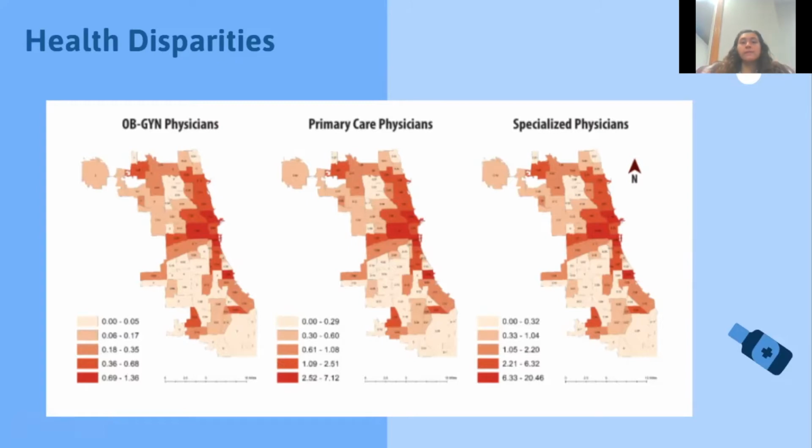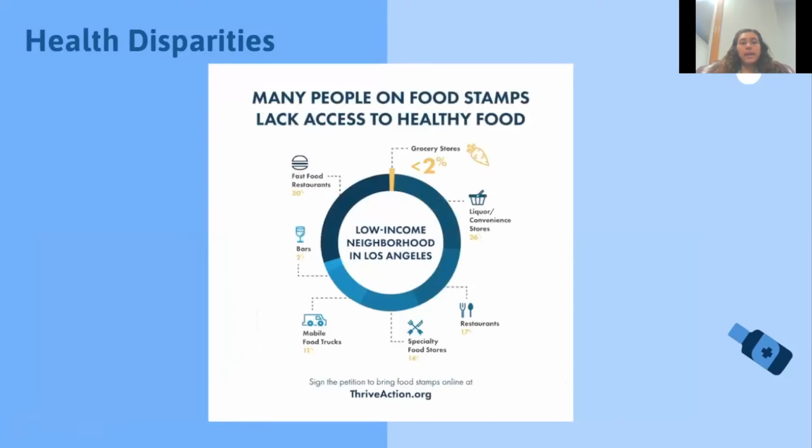And then I wanted to relate this also to another health disparity that we see in low-income neighborhoods in Los Angeles, because I wanted to include major cities like Chicago and Los Angeles. We can see how they have access to bars and food trucks and restaurants and liquor convenience stores and fast food restaurants, but their access to grocery stores is not a lot.